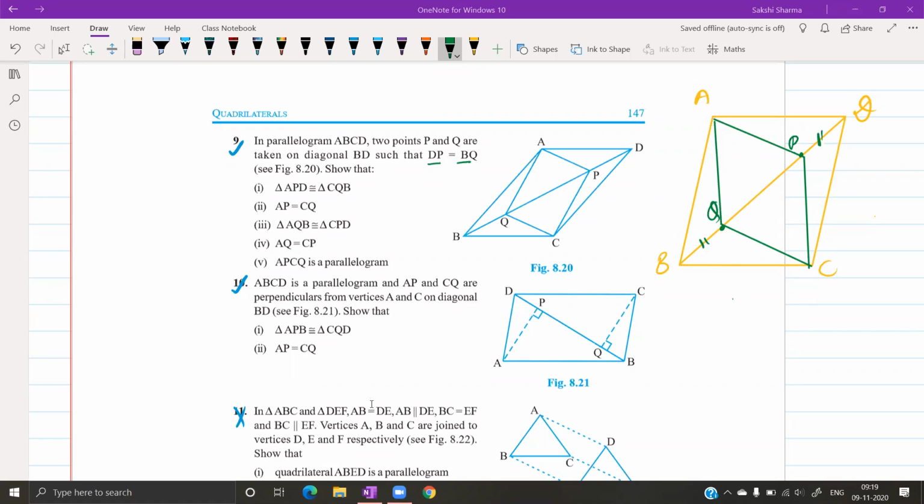The first part of your question is to prove triangle APD congruent to triangle CQB. This triangle is to be proved congruent to this one. So you already can see there is one pair of sides which is equal. I'll just draw the triangles here.